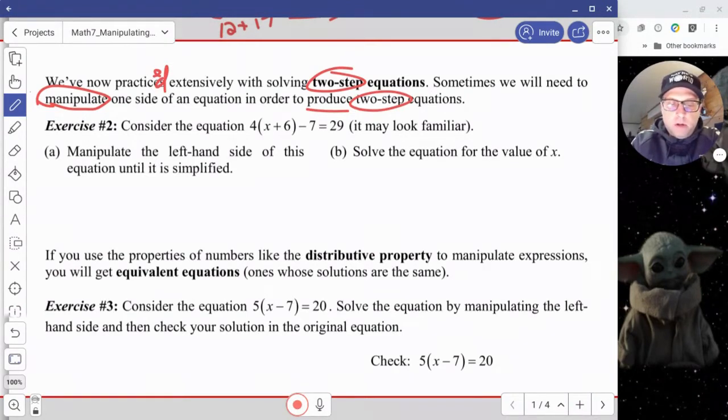Okay, so consider the equation. It may look familiar. This is the same expression as exercise 1. This was the same result as exercise 1 when we plugged in x equals 3. So manipulate, change the left-hand side of this equation until it is simplified. Well, I'm not going to walk back through that.